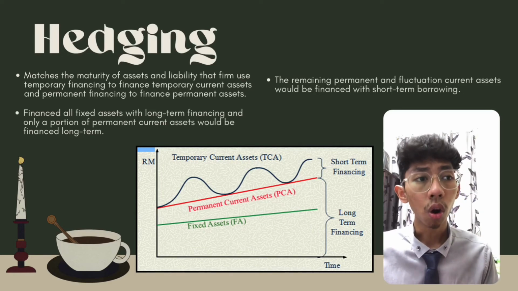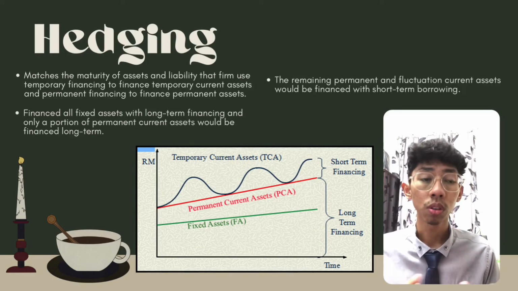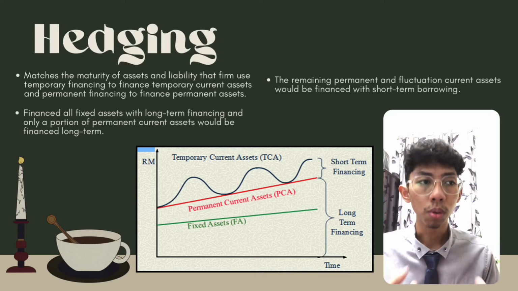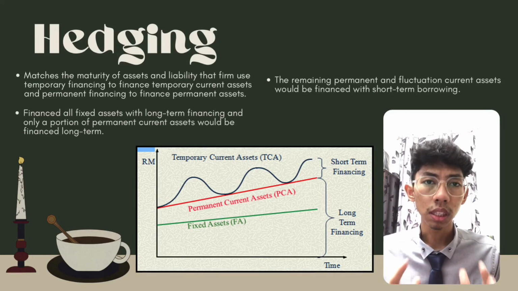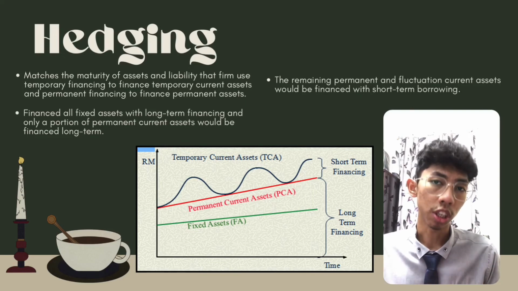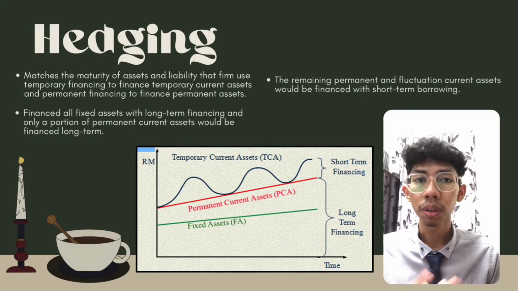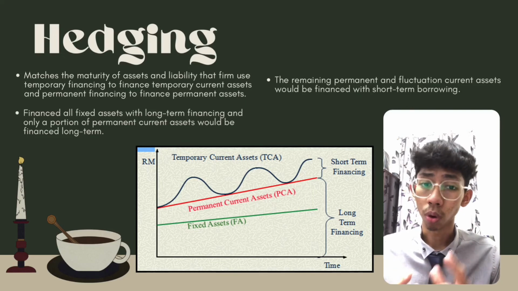Finance all fixed assets with long-term financing, and only a portion of permanent current assets would be financed long-term. The remaining permanent and fluctuating current assets would be financed with short-term borrowing.